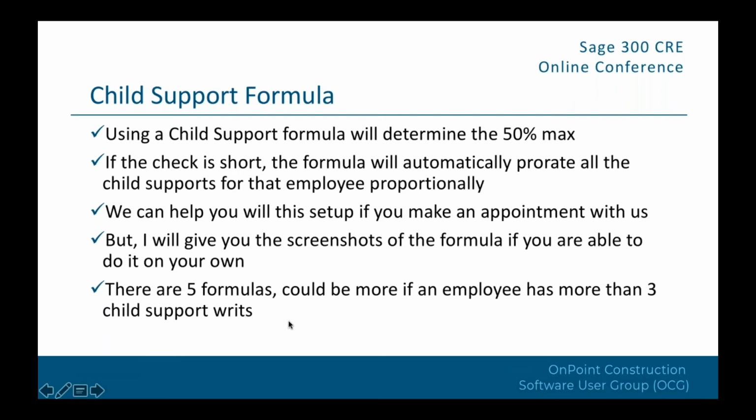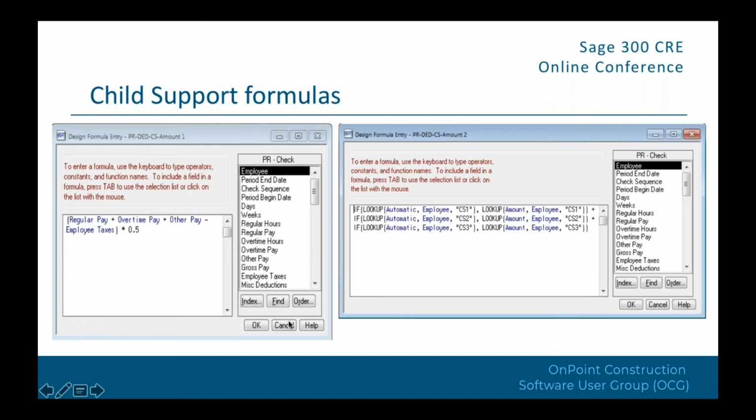And you will be getting a copy of this presentation. So like here is the first one, the number 1 and number 2. And if you're going to do it yourself, name them exactly this, because then they're pulled up into the other formulas.